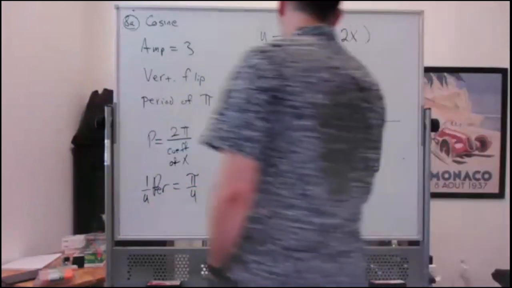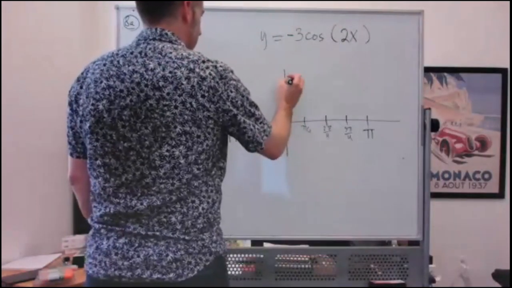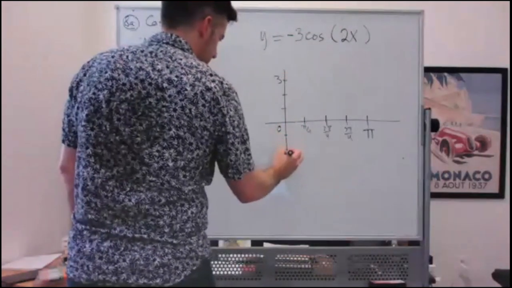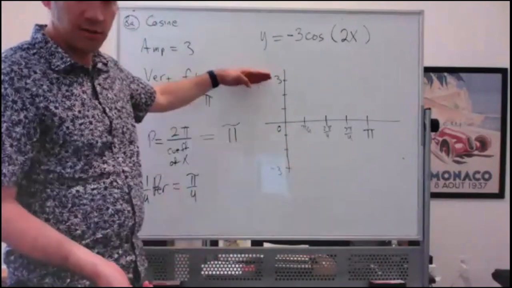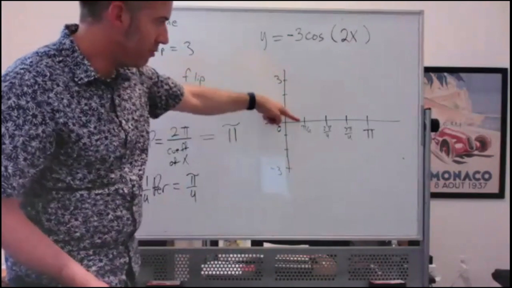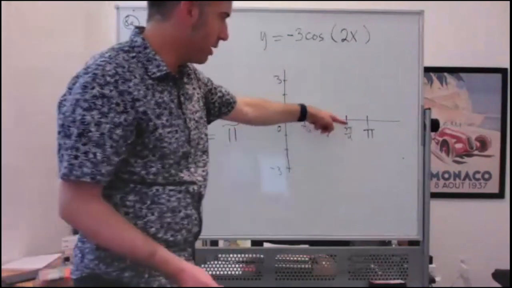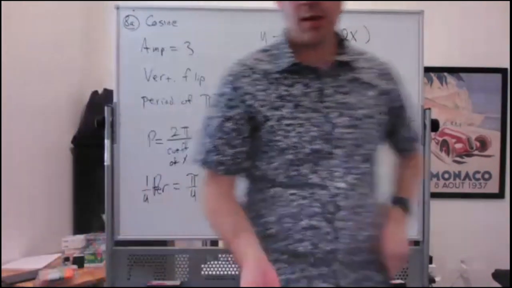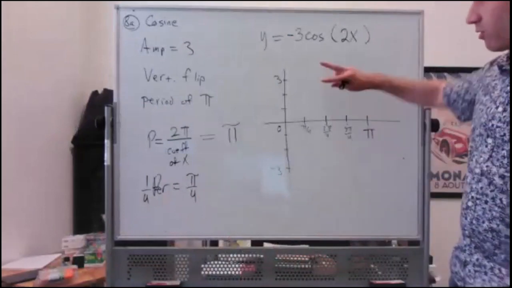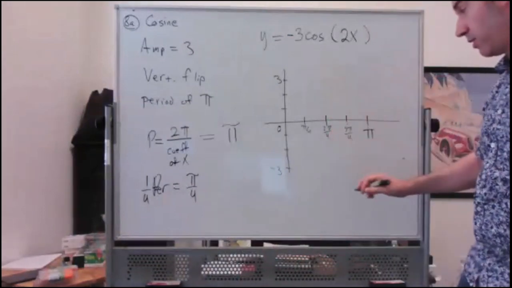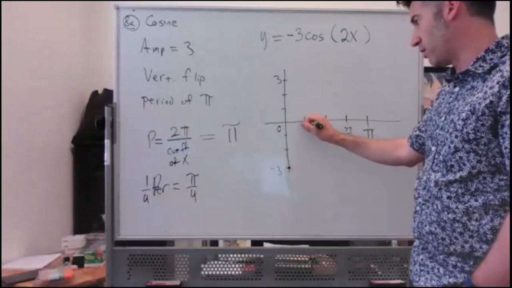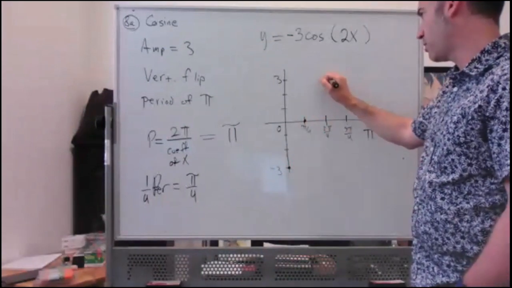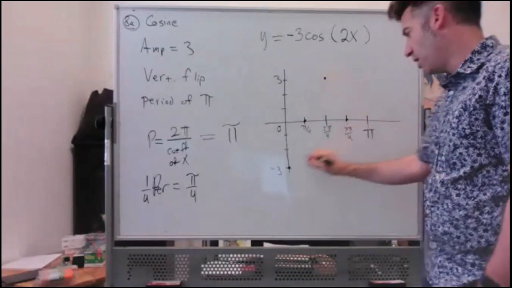And then we know cosine would usually start at the top, and it would go top, middle, bottom, middle, top. But since it's got a vertical flip, it's going to flip over, and cosine is going to start down here, and then at the next point hit the middle, and then the top, and then back to the middle, and then back to the bottom.